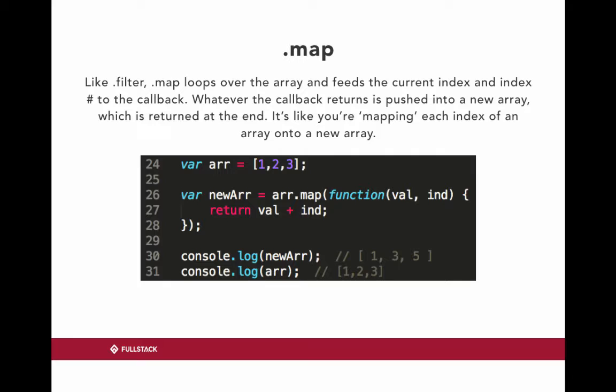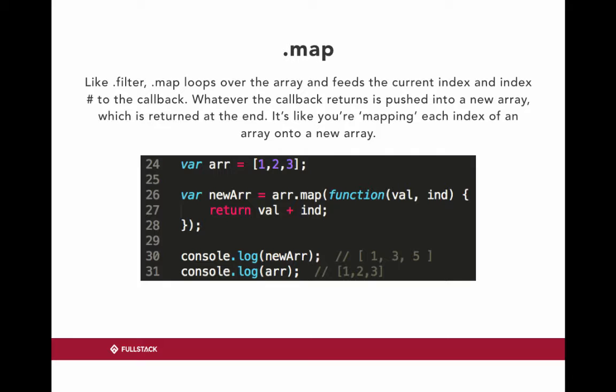So that's awesome. We got that for free because we just worked through that in our heads. And then you can imagine every time the loop rolls over, it's going to create a new element for a new array. So the purpose of .map is when you want to take an array and map it to another array, do something to every element, do the same thing to every element, and then create a new array as a result.